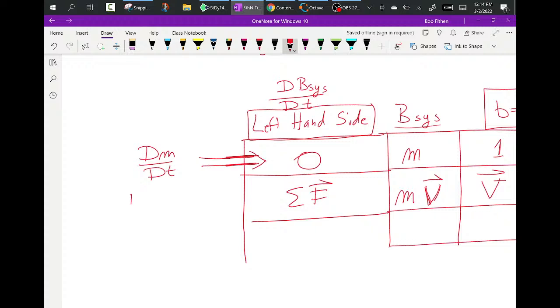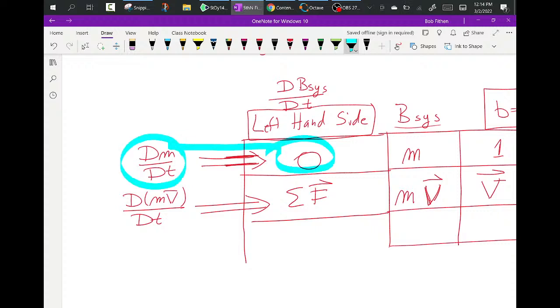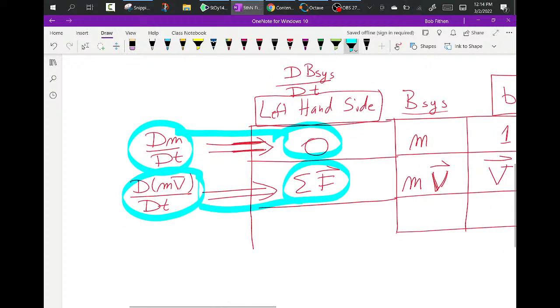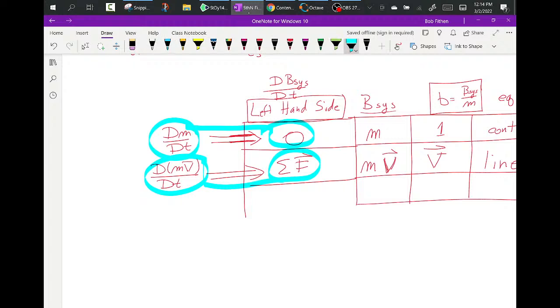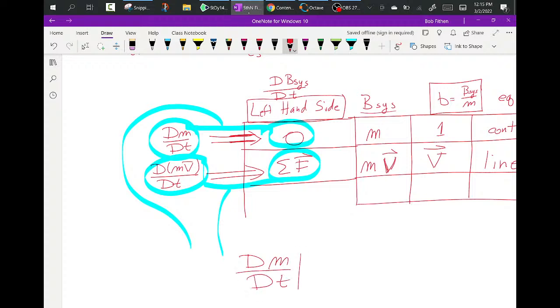So what I'm going to do here is dmv dt equals to this portion where you went from here to here, or from here to here, had really nothing to do with the Reynolds transport. It was basically the fact that there is another equation somewhere that says, okay, change in mass of a fixed mass system doesn't change.